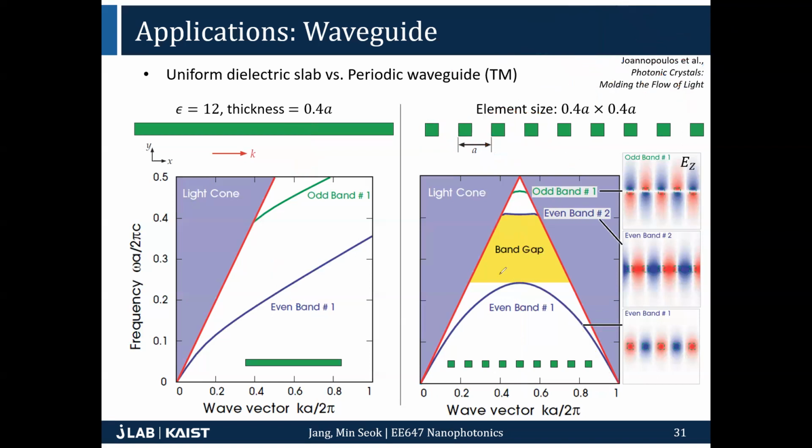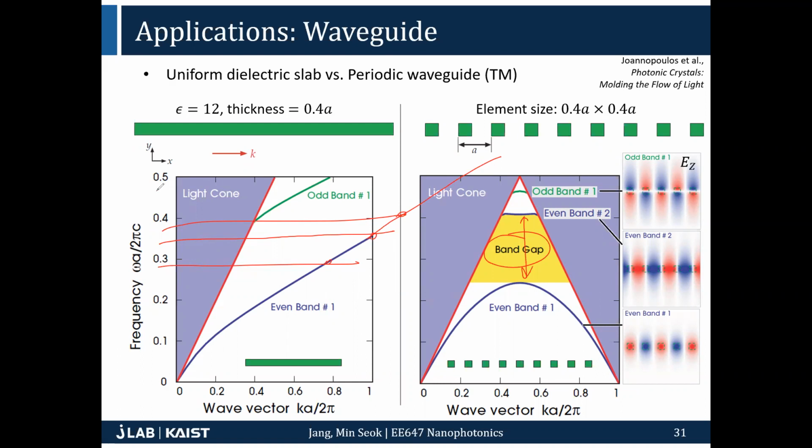And as you can see, from here to here, we now have a band gap. There's no guided mode allowed in the waveguide. And here, the situation is very different, because if you look at here, no matter what frequency you choose, you're supposed to have a corresponding guided mode, right?